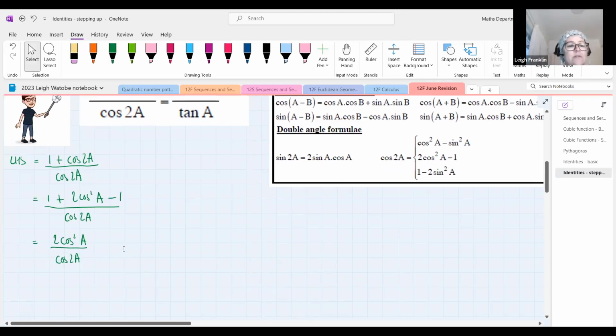I can't cancel cos a with cos 2a because it's not the same thing. If I rewrite cos 2a, I'm going to go back to a situation where I've got a binomial in the denominator, but I can't factorize because I don't have a trinomial, I don't have a difference of squares, etc. So when you get to a situation like this, chances are you need to work with the right-hand side as well.